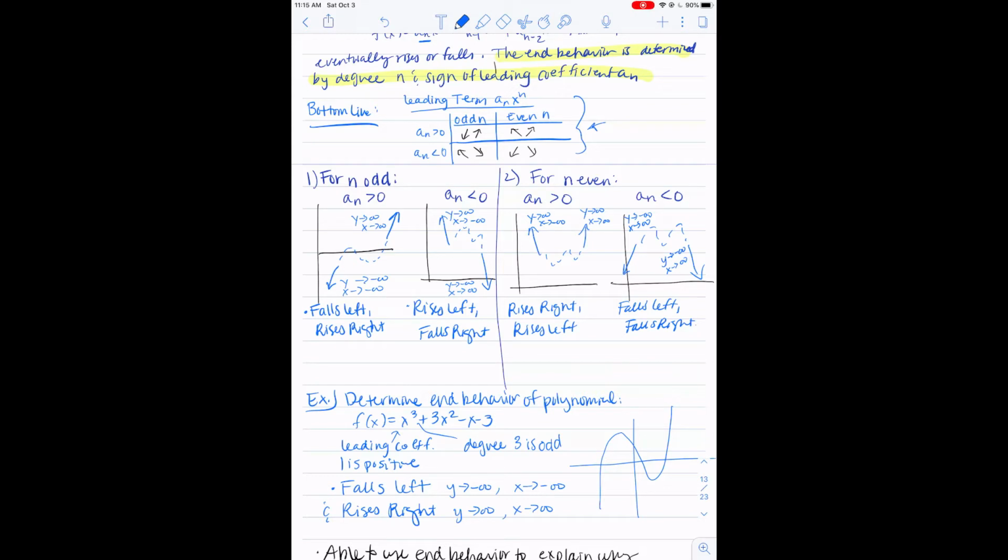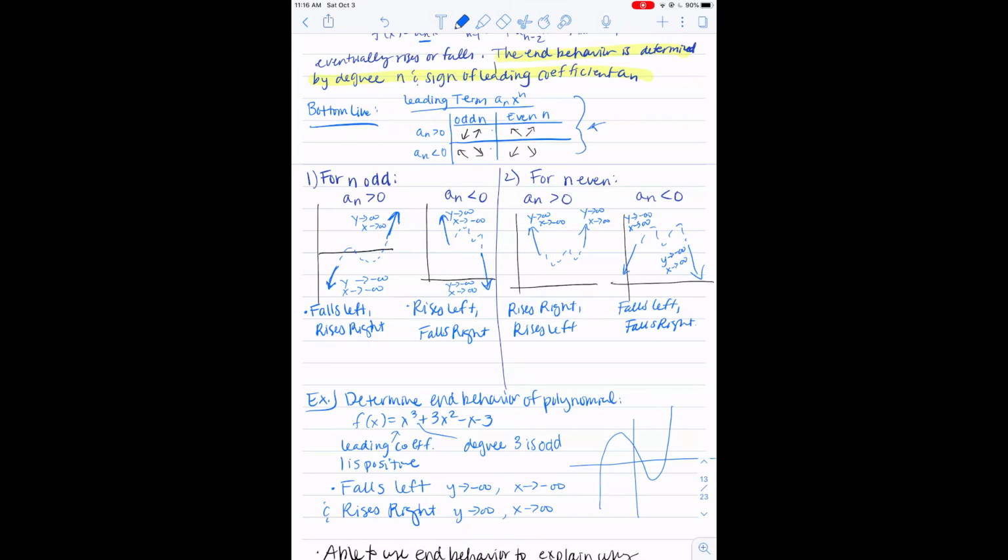If an is greater than 0, then the graph is going to fall to the left and rise to the right. If an is less than 0, the graph rises to the left and falls to the right. That's this part of our chart: falling left, rising right, rising left, falling right.